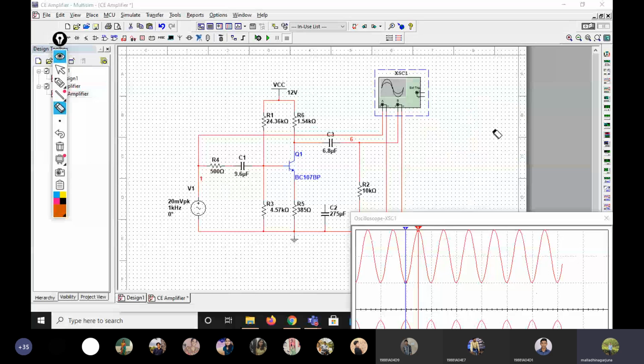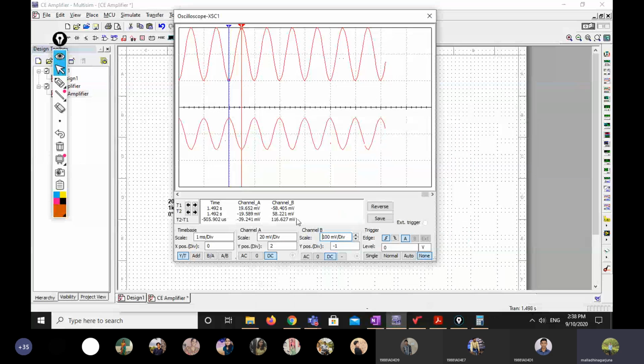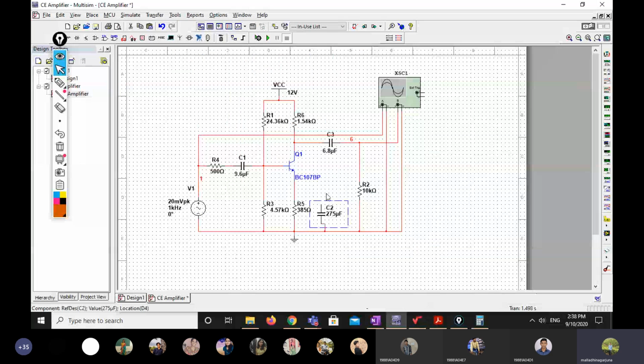So how much is it now? You can observe. 116 millivolts, not even 3 times. But previously, how much did you get? You got a gain of 116 times. So this is the importance of the bypass capacitor. If you connect it, you see how much it is amplified.